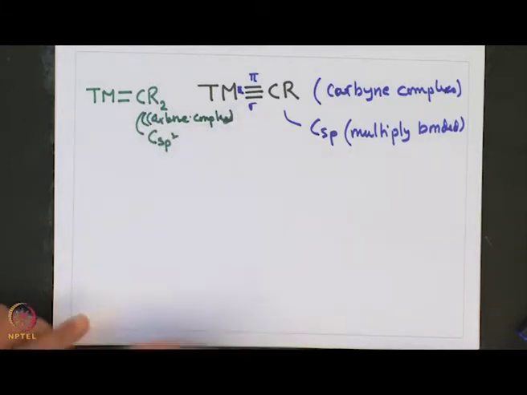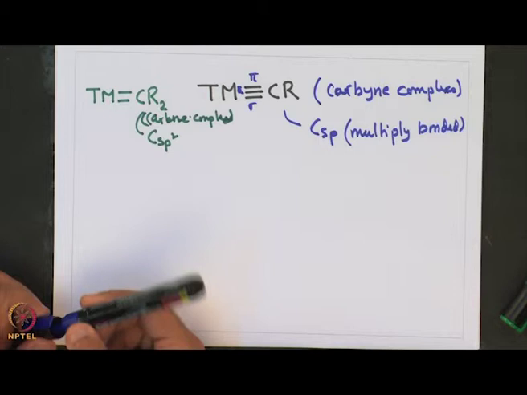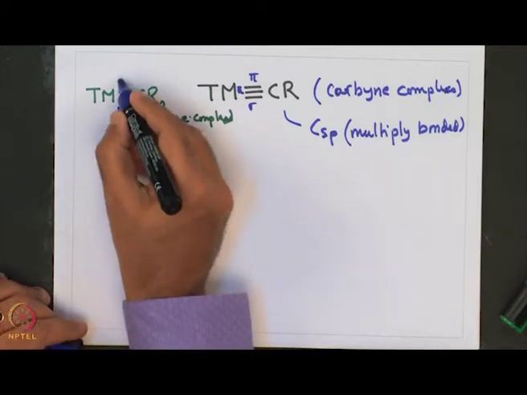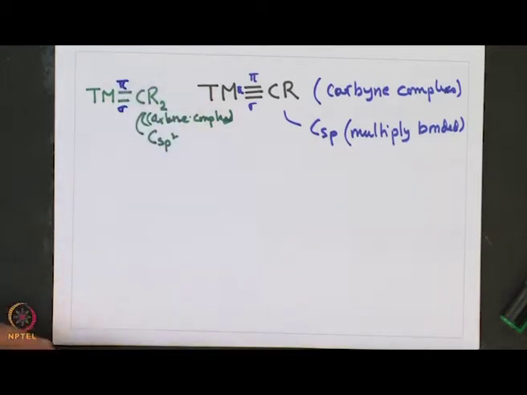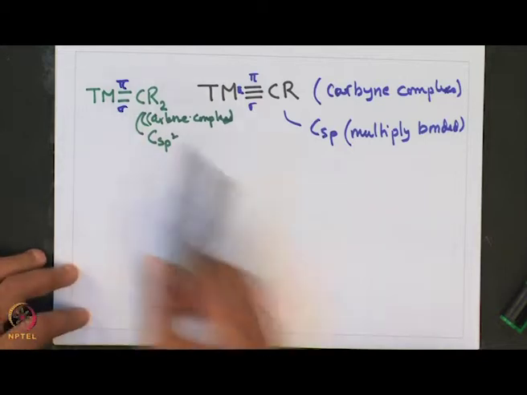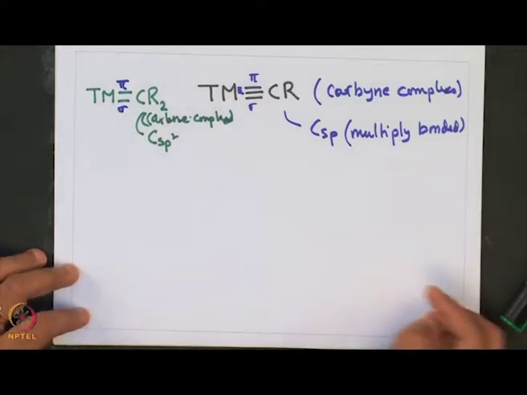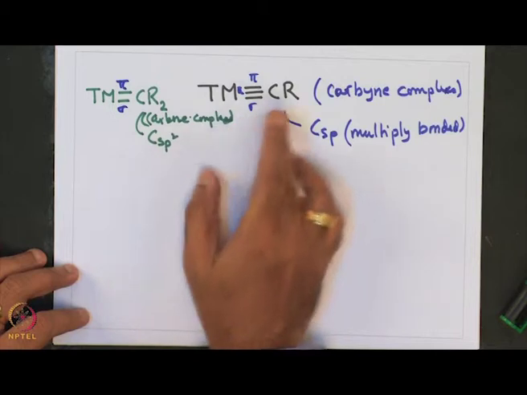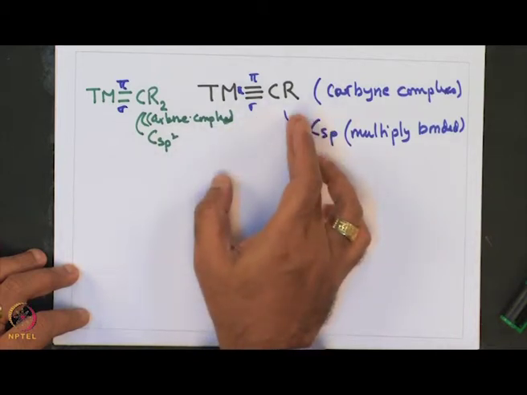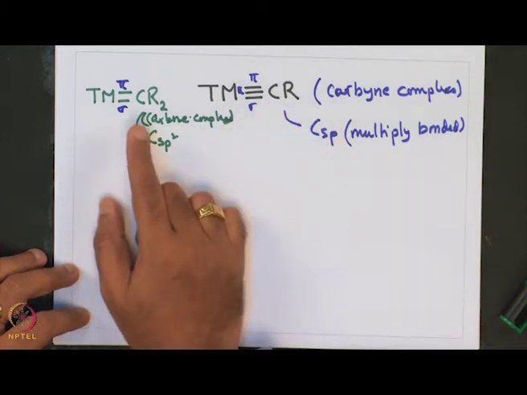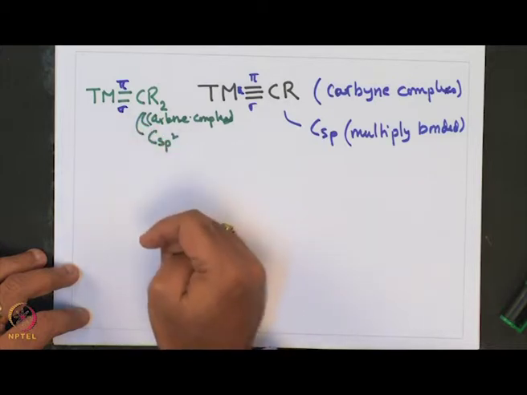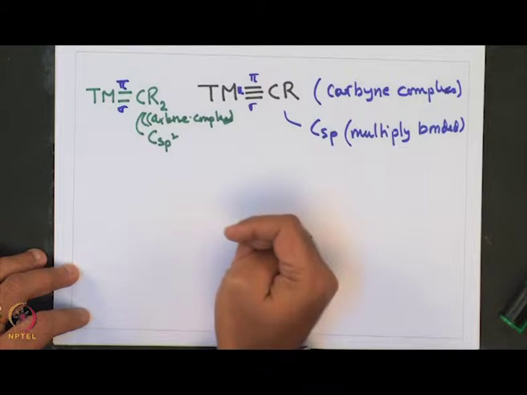And here too there is a multiple bond between the carbene and the transition metal, which is a sigma as well as a pi bond. So, we see that transition metal carbyne complexes are somewhat an extension of transition metal carbene complexes, however their properties are starkly different, and we are going to take a look and study them in more detail.